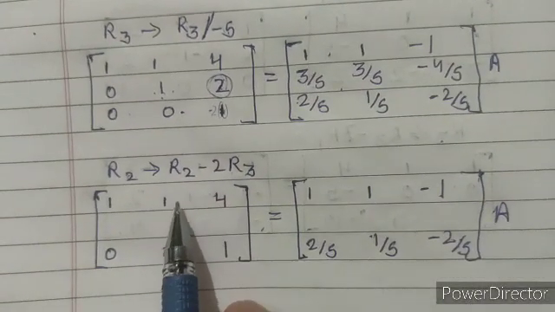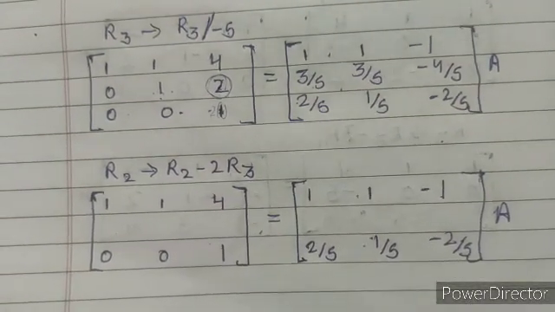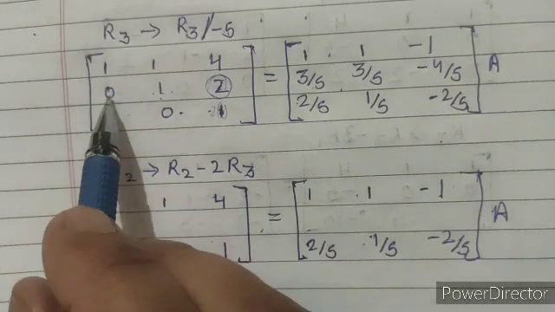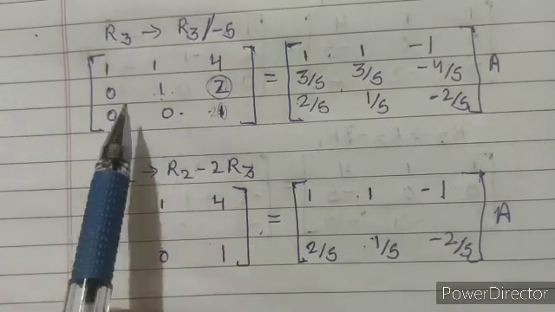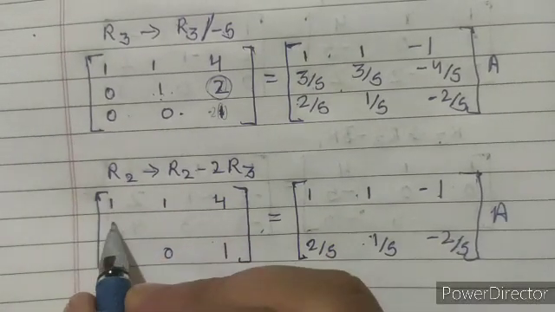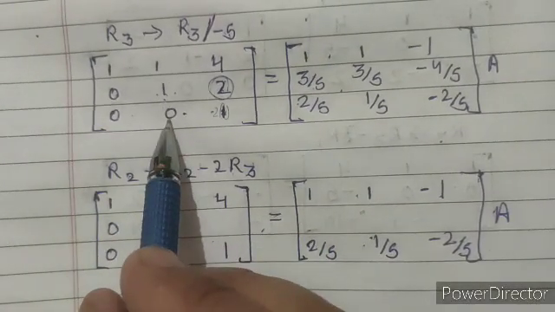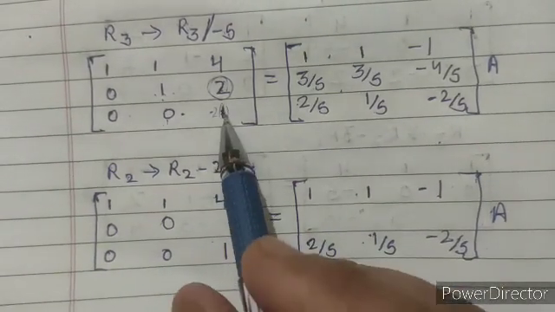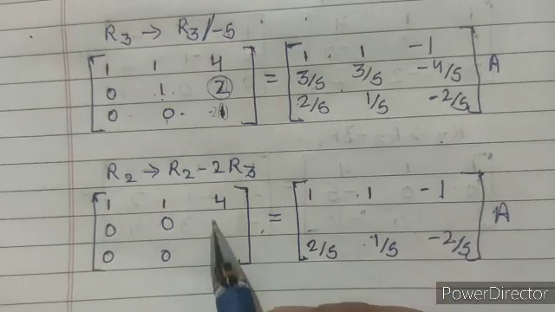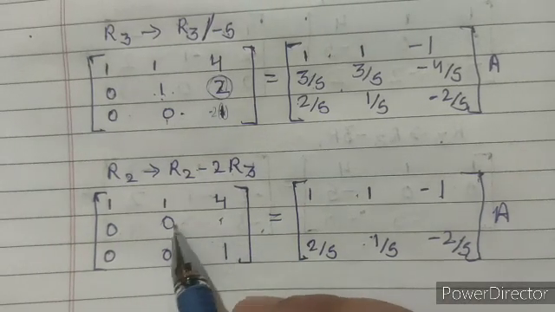That means row 1 and row 3 will not change. Now here the first element of row 2 is 0, minus 2 into row 3, so 0 minus 0 will be 0, and remain the same. 1 minus 0 will remain the same. Now 2 minus 2 into 1 will give us 0.